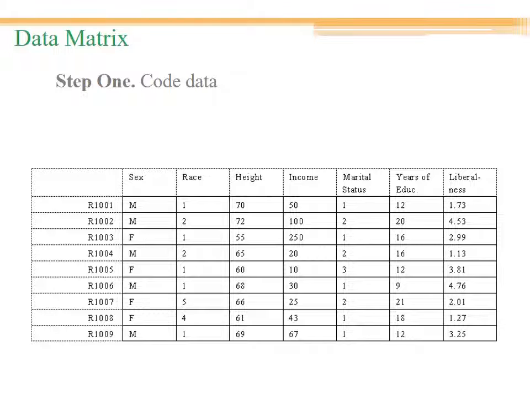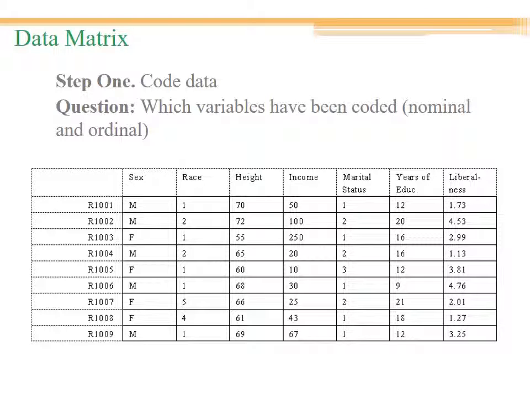So remember that nominal and ordinal levels of measurement are those responses that are placed into categories, such as religion: Christian, Jewish, Muslim, Buddhist, and so on. Can you find which of these data have been coded? So which ones were likely asked as nominal or ordinal levels of measurement and had to be coded into numbers? Pause the presentation while you find them.